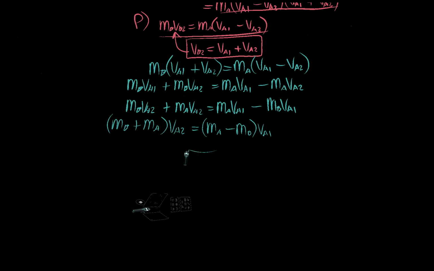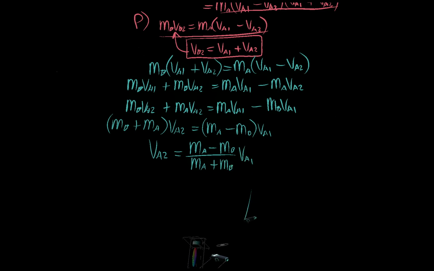And then we'll just divide this over. So you're left with VA2 is equal to MA minus MB over MA plus MB times VA1.